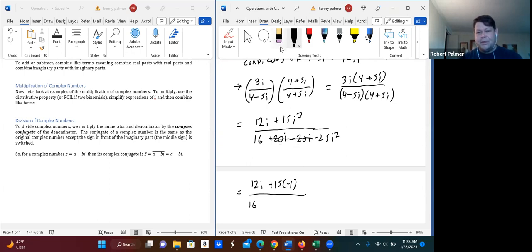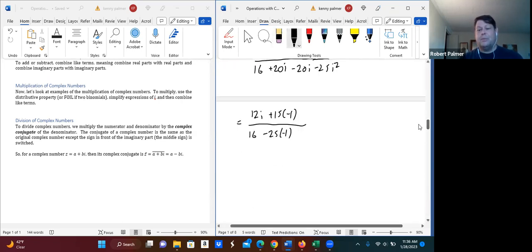I'm going to cross it out, but you see in your mind that these cancel each other out. We have negative 25 times negative 1. And if you notice, even now, we have no more i's in the denominator, which is what we wanted.